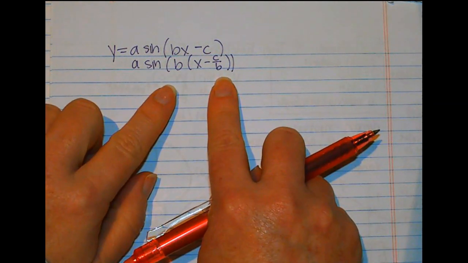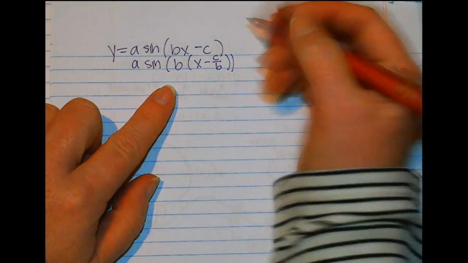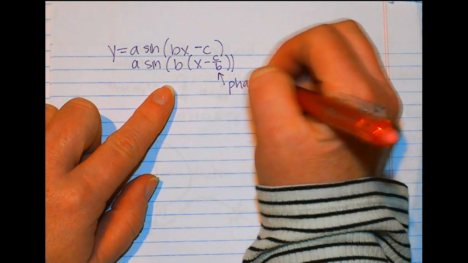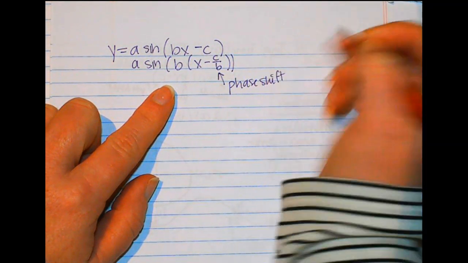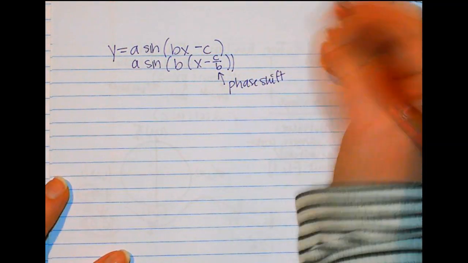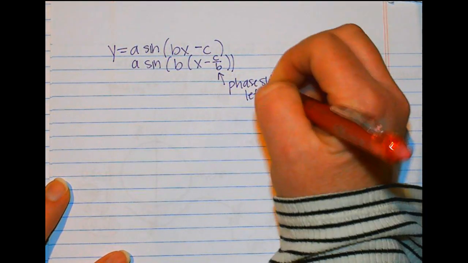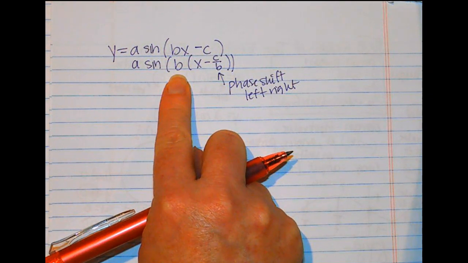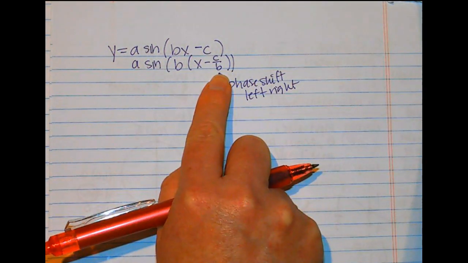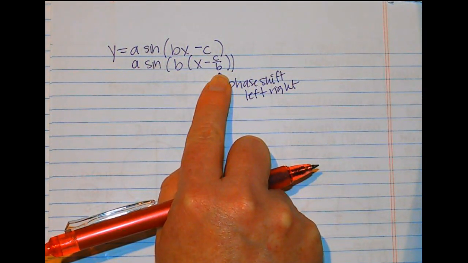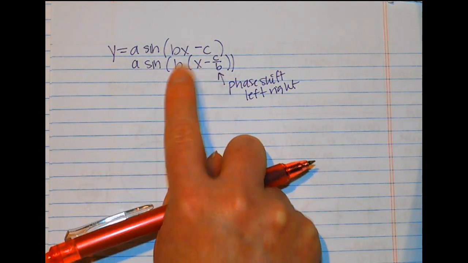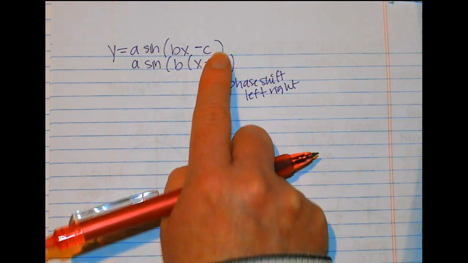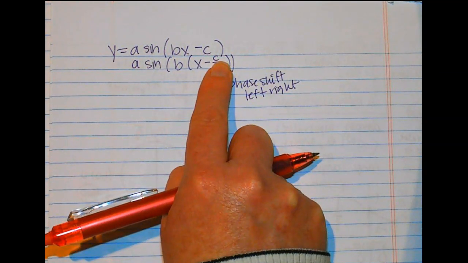But here it's critical because now you can see the actual phase shift, which is the left-right shift. We just had to name it fancy and call it phase shift. It's left or right. But we have to factor out the b, and in order to factor out the b, we make this into a fraction. If you distribute the b, you have bx, which is what I have here, and then b times c over b, the b's cancel, and I have the c all by itself.